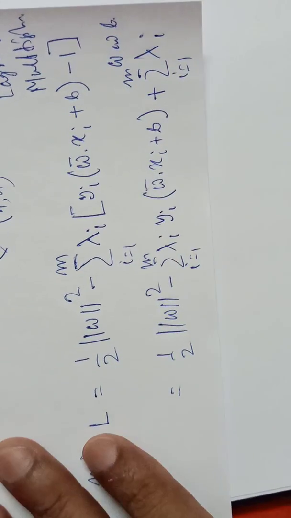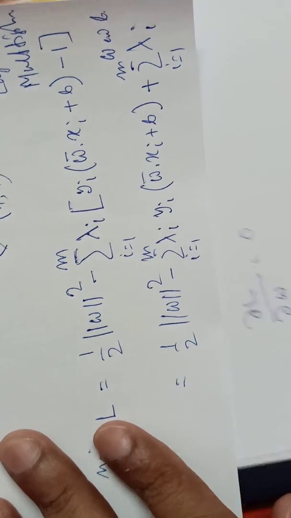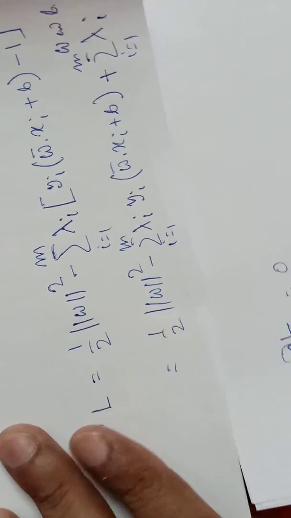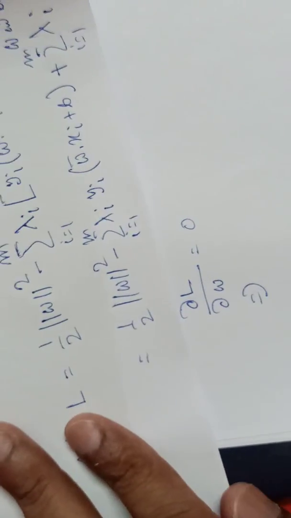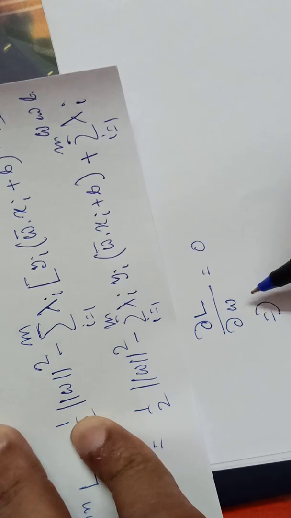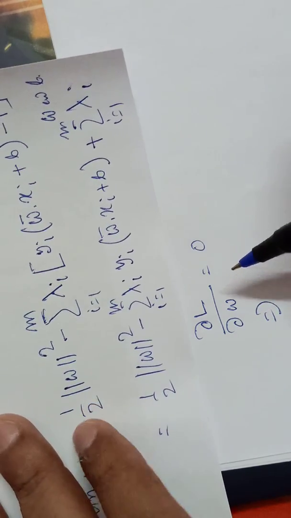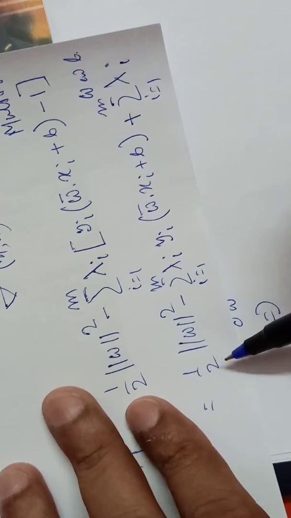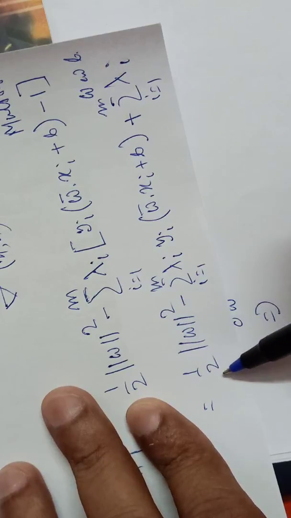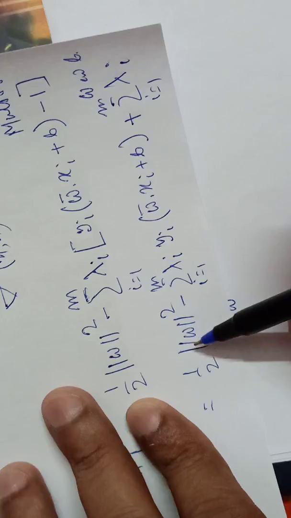So if we go for finding the derivative with respect to W, what we will get? If we find the derivative with respect to W, we will get half of this. So 2 will be discarded here, and W.